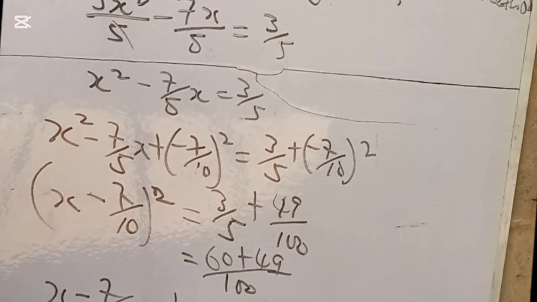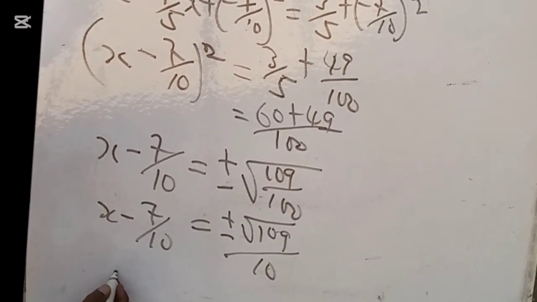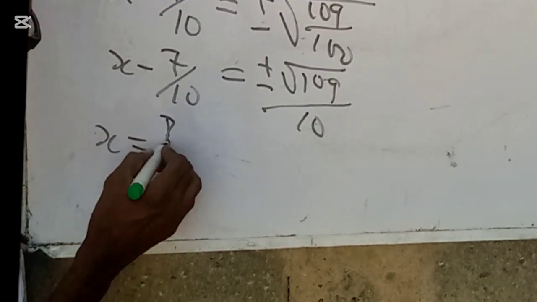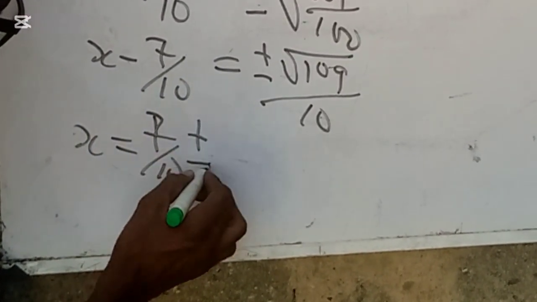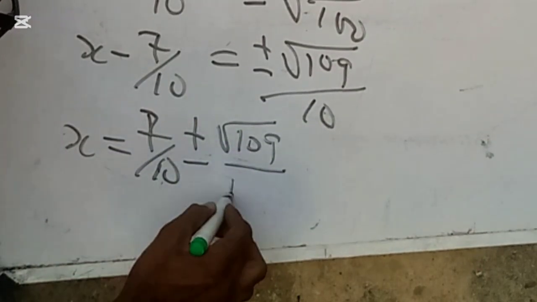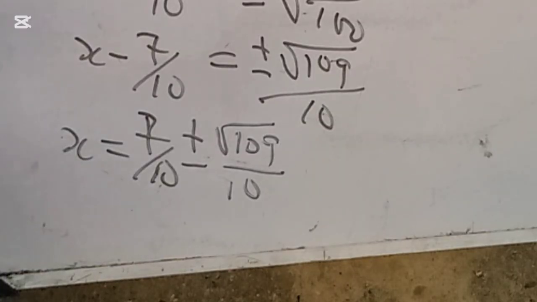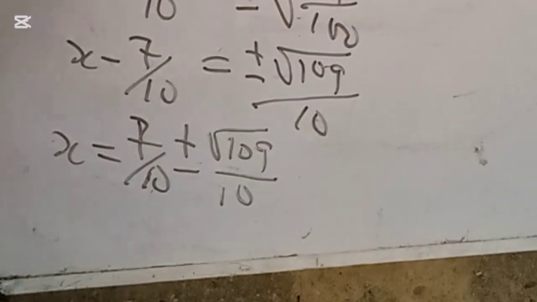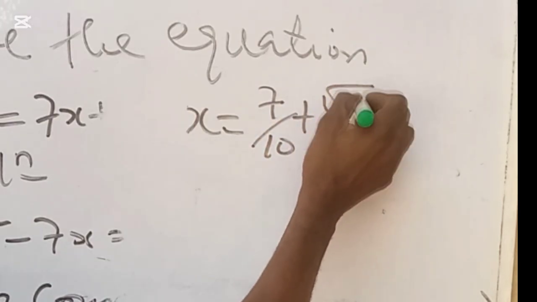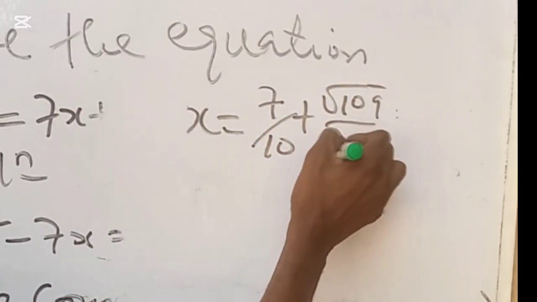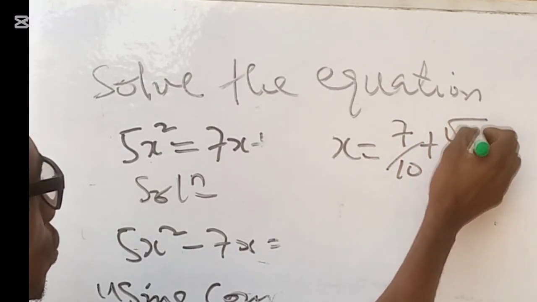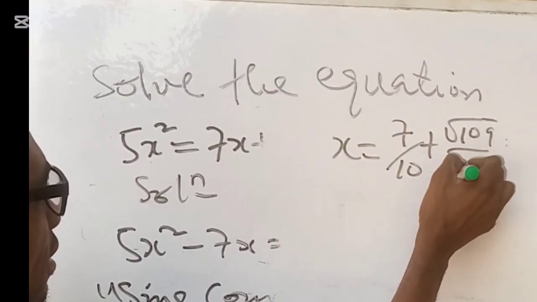Here, I'm looking for x. So I have x equals, take this to the other side, 7 over 10 plus or minus root 109 over 10. So when we find the square root of 109, we have 7 over 10 plus root 109 over 10, or 7 over 10 minus root 109 over 10.